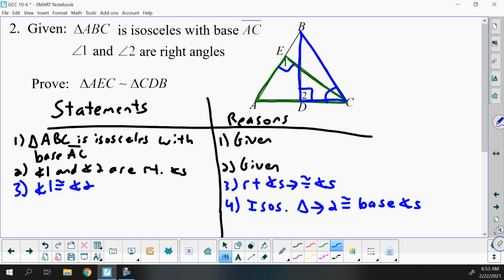If AC is the base, we need the big angle at A and the big angle at C. So we can call the one at A just angle A because that's the only angle there. But the one over at C, we can't number and we can't use a single letter because there's so many angles going on there. So we've got to use three letters. So we'll call it angle BCD.